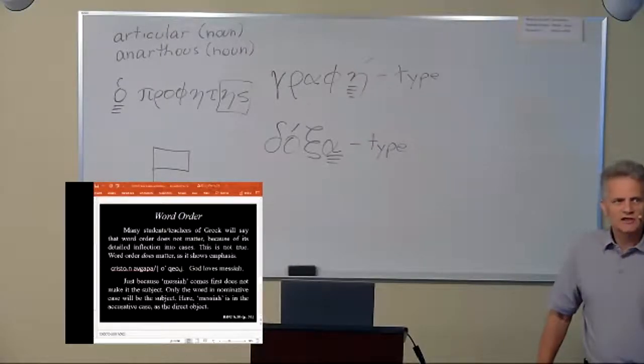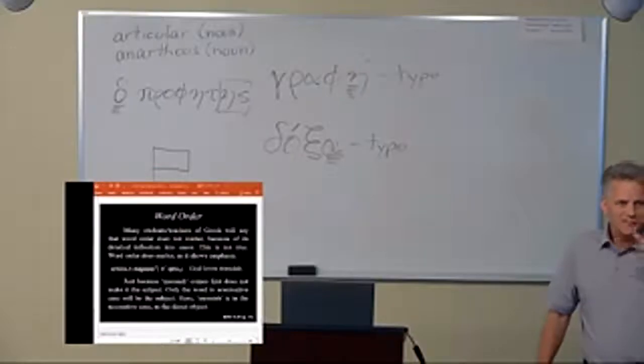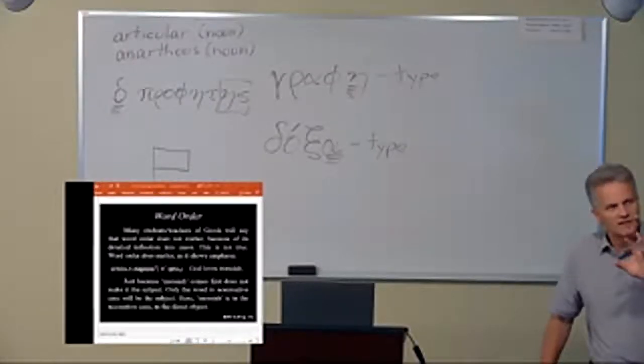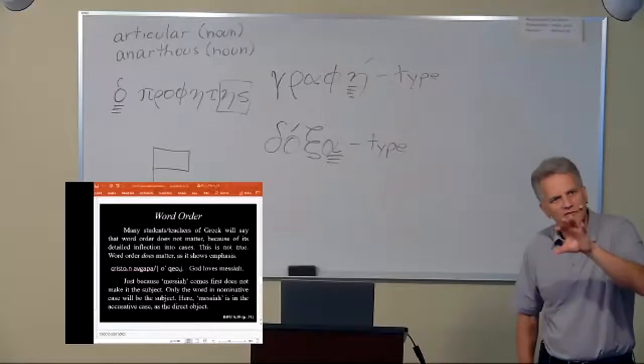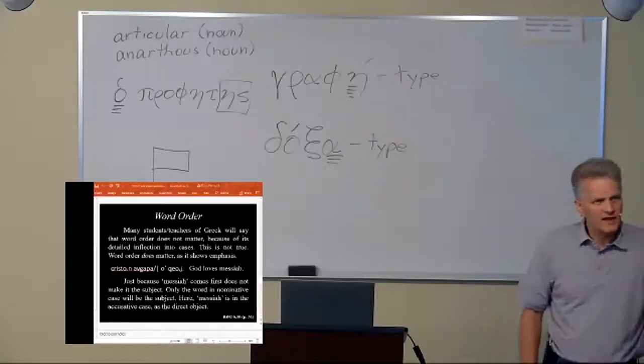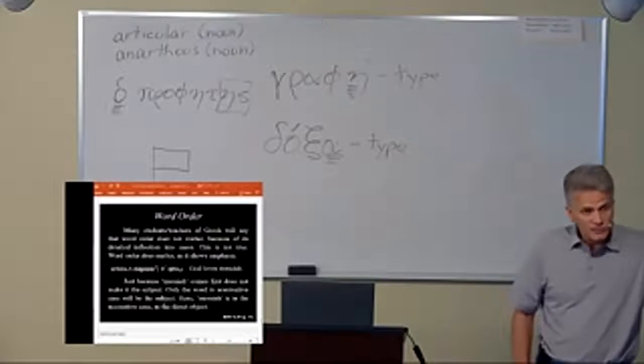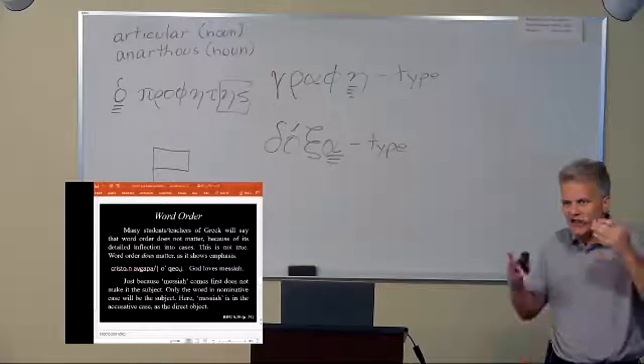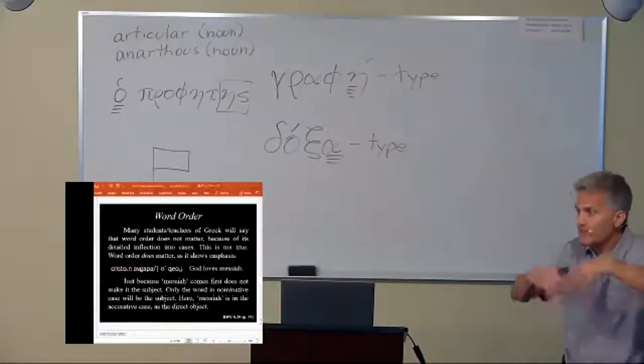So if you see a word, especially a subject, the typical word order will have the noun, the subject first. But if it varies from that, there are times that it's still going to be emphatic, even if it's a nominative. But if it varies from that, and let's say an accusative word is put at the beginning, then the author, the writer, speaker, is wanting you to have that word jump out of the page at you.